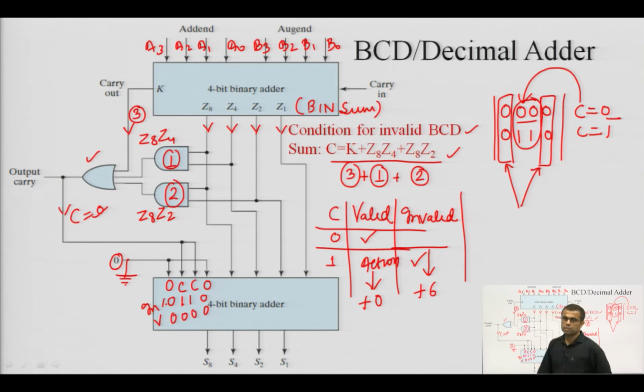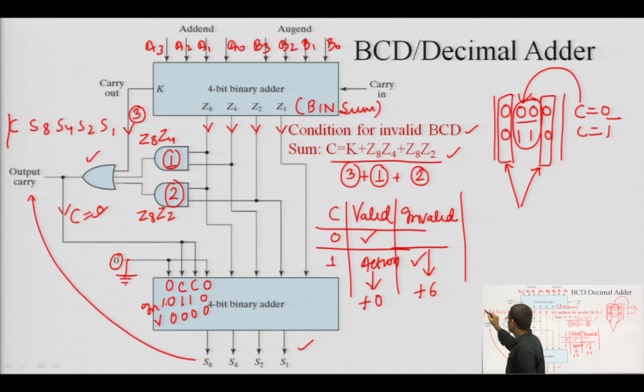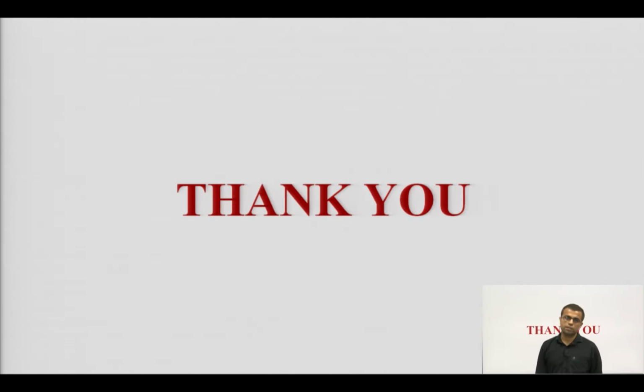Once I perform this correction, the output of the second 4-bit parallel binary adder, C plus S8, S4, S2, S1, is my final corrected BCD sum. In this way we have prepared the circuit for a BCD adder or decimal adder. So, with this we come to the end of this lecture. Thank you very much.